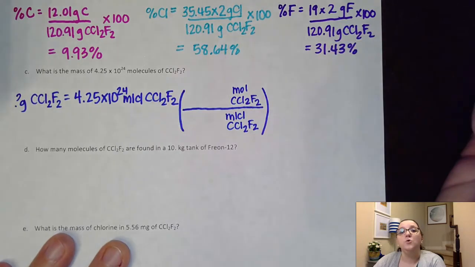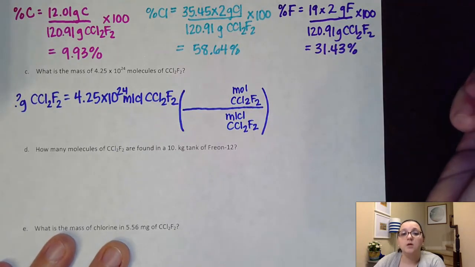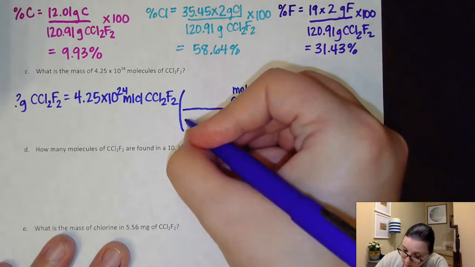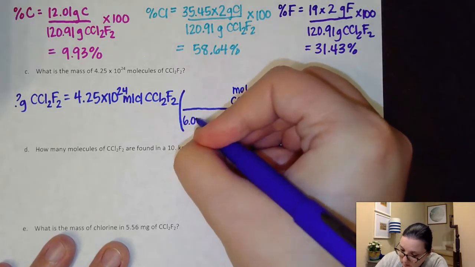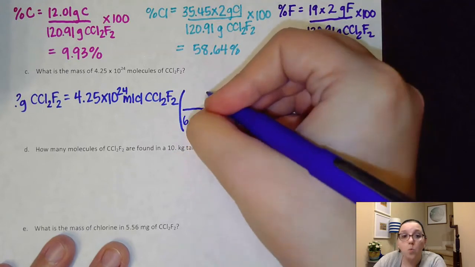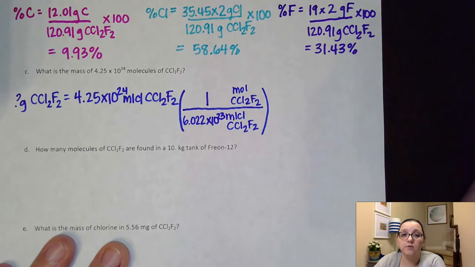When you're doing molecules to moles, Avogadro's number tells us how many molecules there are in 1 mole. So don't forget to put that 1 with moles when you're using Avogadro's number.